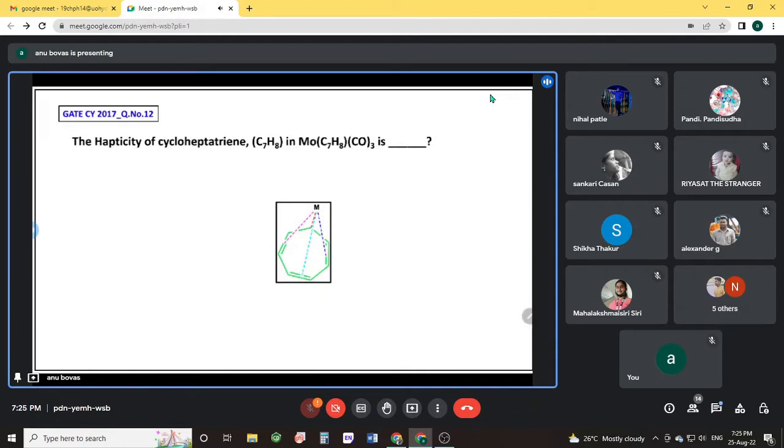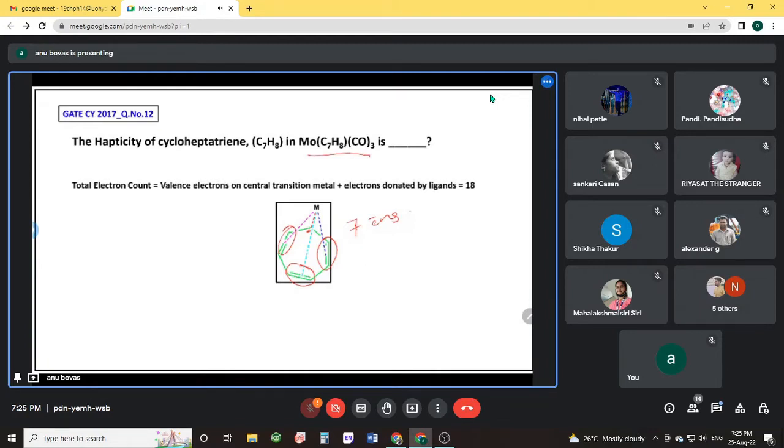In this we can see the metal atom can be maximum attached to 2, 4, 6 plus 1, that equals 7. So it can donate a maximum of 7 electrons. Maximum hapticity is therefore 7, eta 7. But in this particular complex, in order to follow the 18 electron rule, what is the hapticity? That is what we have to find.